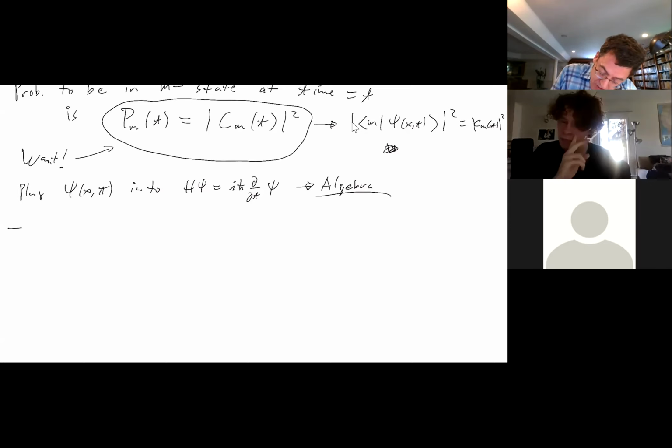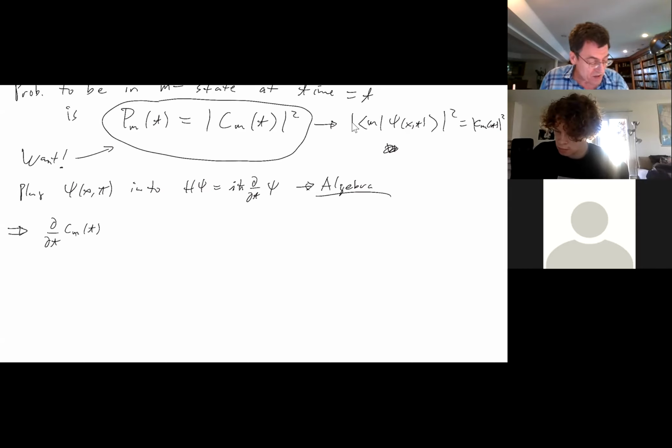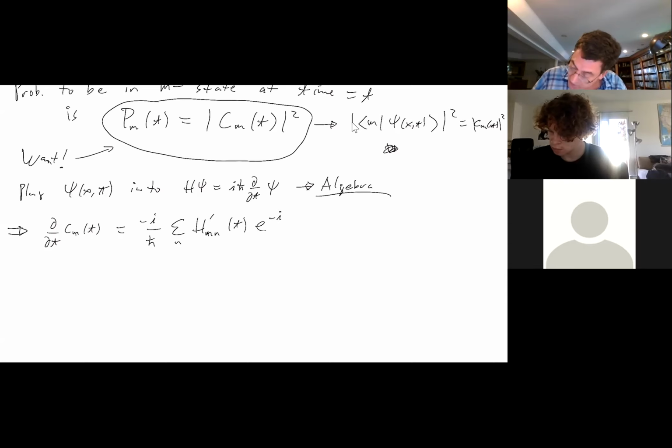We did the algebra, and we ended up with this really funky result. And this is the result we got. We got that the time derivative of the thing we want, c_m of t, is equal to negative i over h bar times H prime mn of t times e to the negative i (E_n minus E_m) t over h bar, c_n of t.